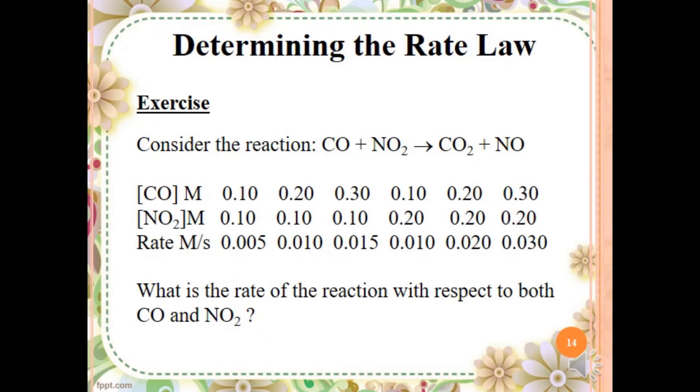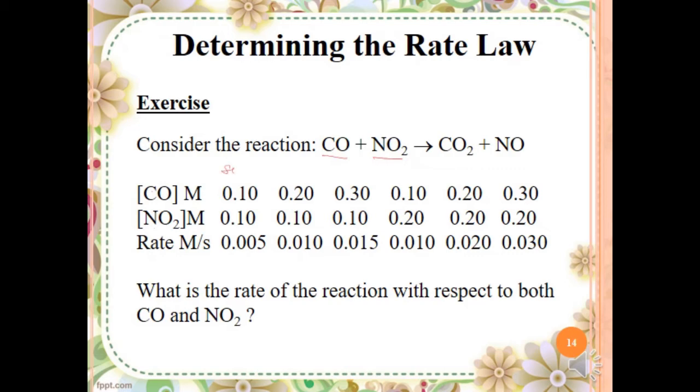Okay, this is an exercise that you can try: finding the order of reaction with respect to carbon monoxide, CO, and nitrogen dioxide, NO2. These are the sets of experiments given as well as the rate for each set.